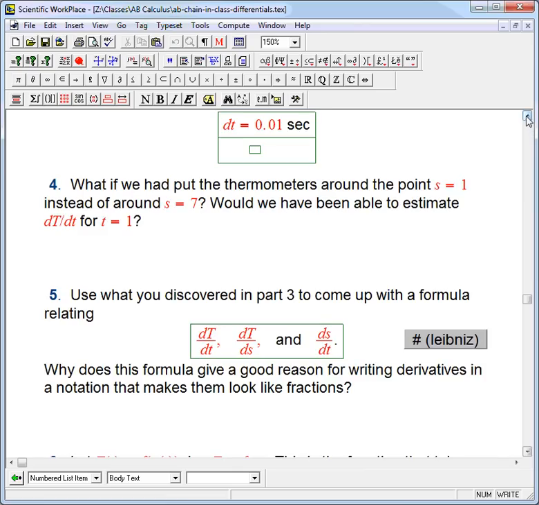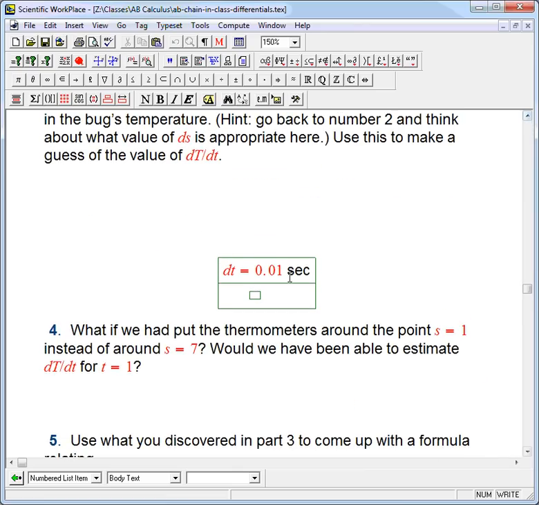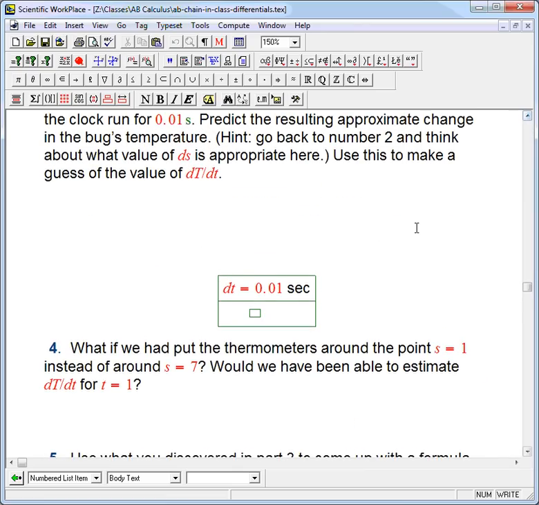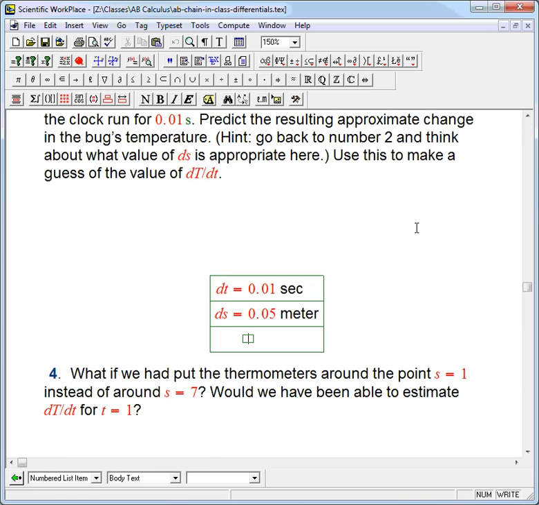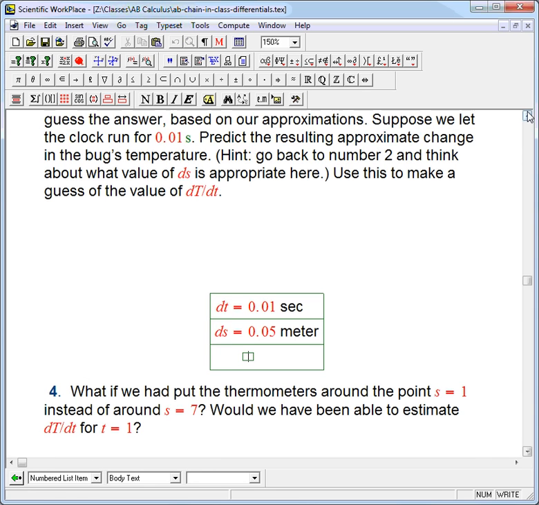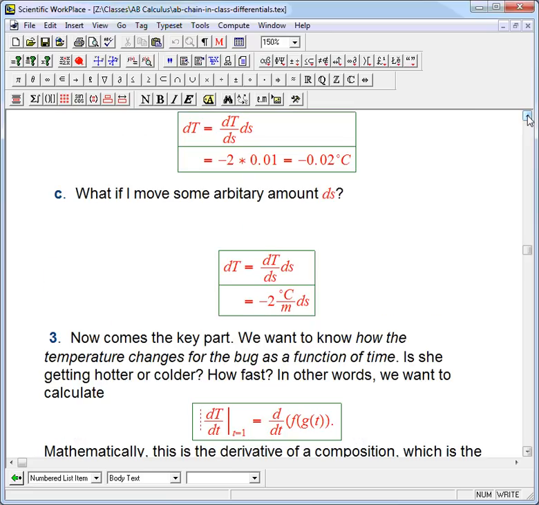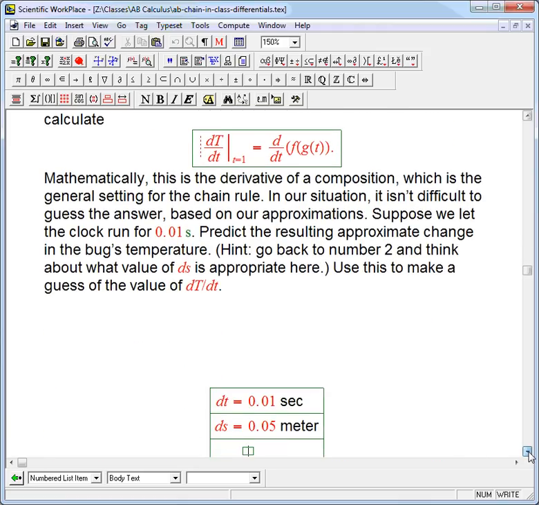If we're going to predict how much the temperature changes, then the reason the temperature is changing is the bug's going along the rod, and the temperature of the rod varies with position. So we need to figure out how far the bug went. That was number 1. And now we can use number 2, which said, if you tell me an arbitrary distance that I move from one thermometer to another along the rod, I can tell you what dT is going to be.